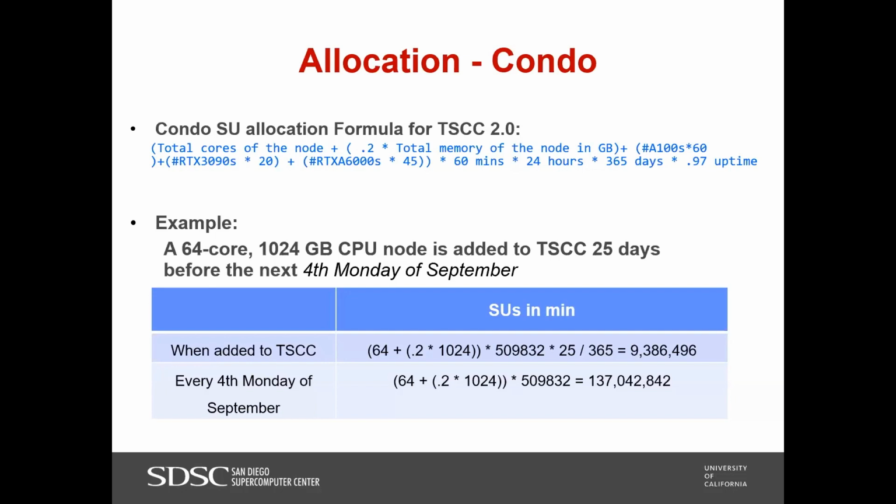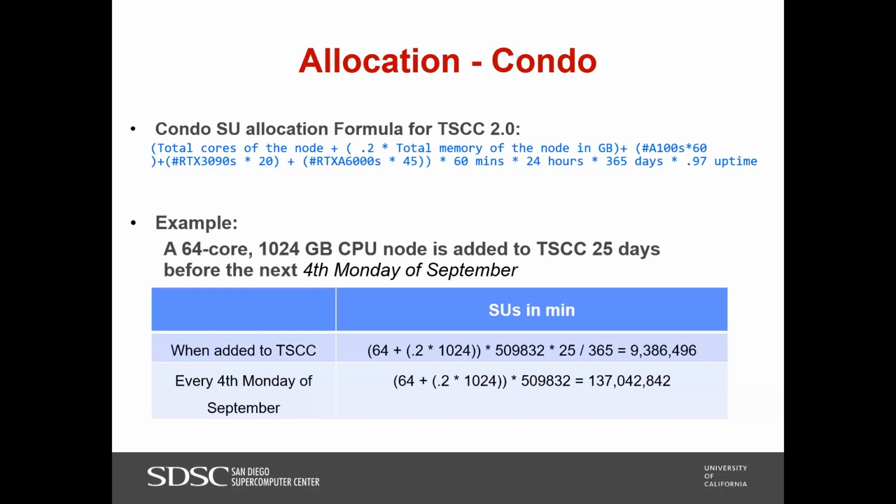When the node is first added to TSCC, it will be considered as 64 cores as well as 1 terabyte memory, and then we multiply by the minutes, hours, days, and of course we only consider 25 days this time, and then we get the SUs in minutes for when it's first added to TSCC.